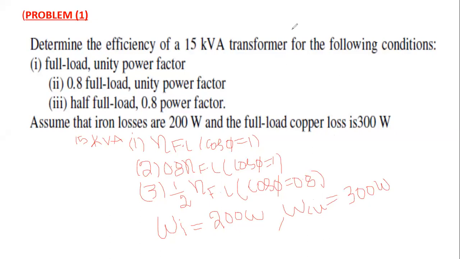This is the given data. Then we determine the efficiency at full load, the efficiency at 0.8 load, and the efficiency at half load. By using this data, we determine these efficiencies.